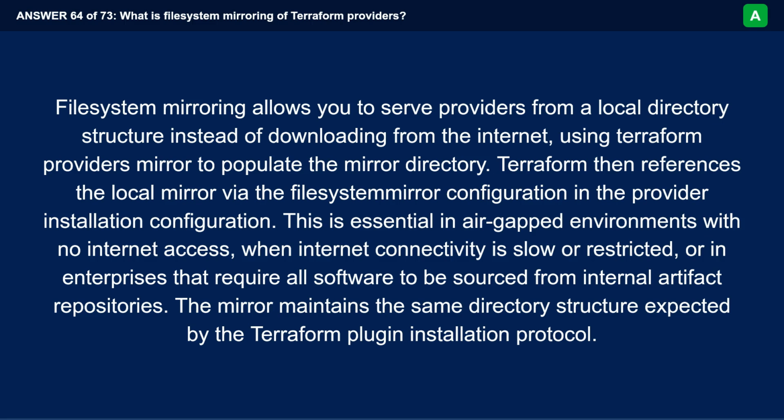This is essential in air-gapped environments with no internet access, when internet connectivity is slow or restricted, or in enterprises that require all software to be sourced from internal artifact repositories. The mirror maintains the same directory structure expected by the Terraform plugin installation protocol.